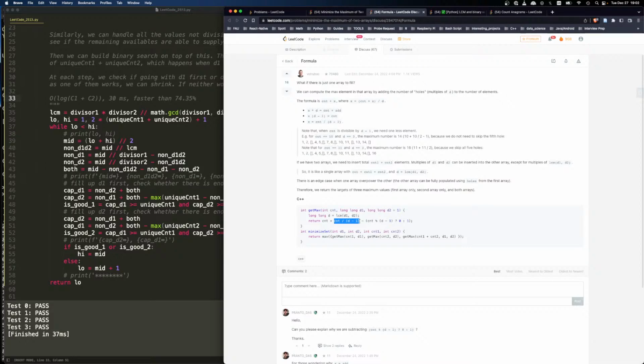Count plus this. I think I know what you're talking about. Okay, yeah, this is correct. This is the maximum available for this, and to get the maximum available for both, we have two arrays. Yes, we need to insert a total of this. Multiples of this and this can be inserted into the other array. That is correct. So we just cannot do this. Wow, this is smart.